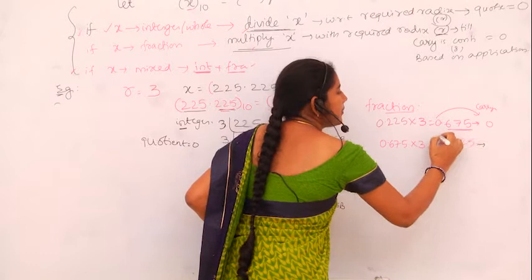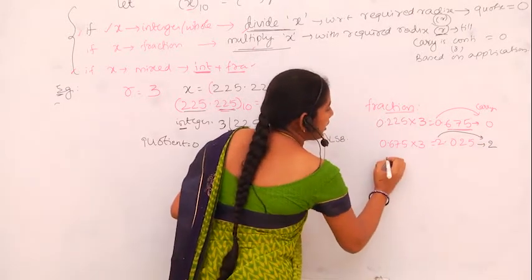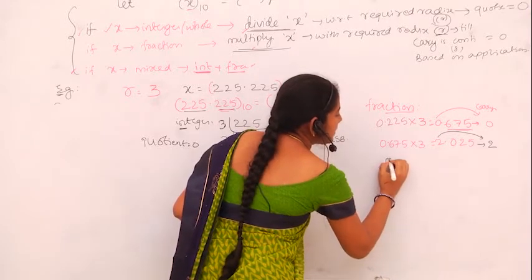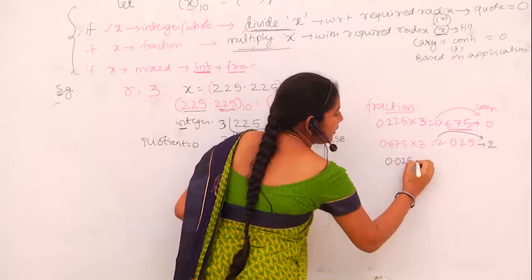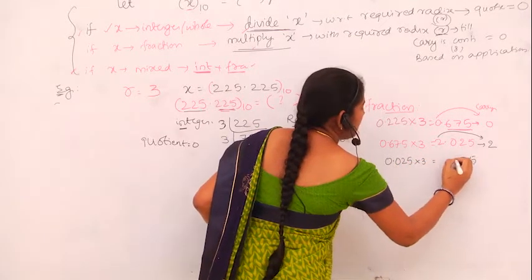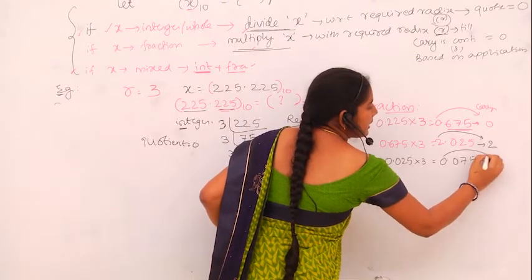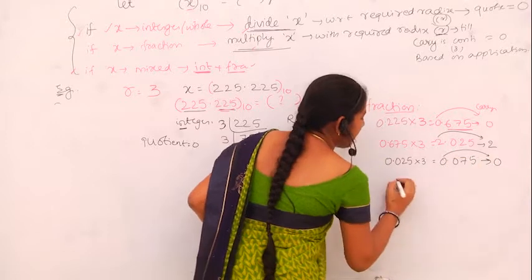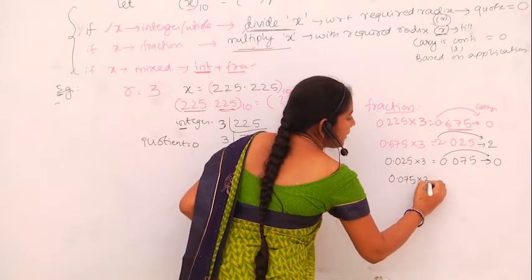In this, the carry is 2 and the fraction part is 0.025 into 3. So 3 5s are 7, 0.0. Again, take this integer part out, and 0.075 to the next level with 3.